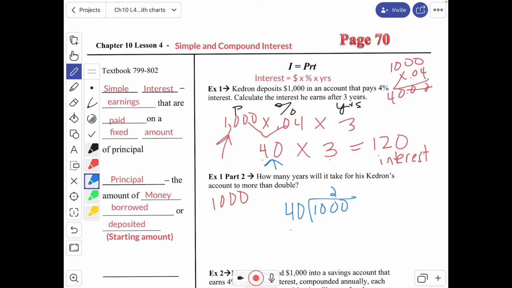Well, 40 goes into 100 2 times. And 40 goes into 200 5 times. So it's going to take him 25 years to double his balance. But it does say more than that, so probably we need to go for 26.